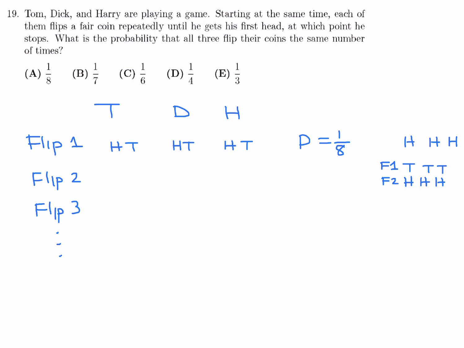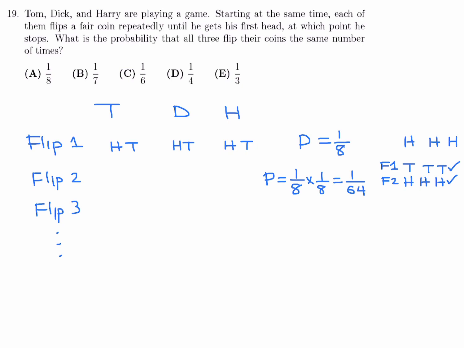Getting tails, tails, tails on the first flip, in a very similar way, has a probability of 1 out of 8. And then we have to multiply by the probability of getting 3 H's, which is also 1 over 8. So there you go, 1 over 64 is the probability of all 3 flipping their coins the same number of times, and in particular this time the number of flips is 2.